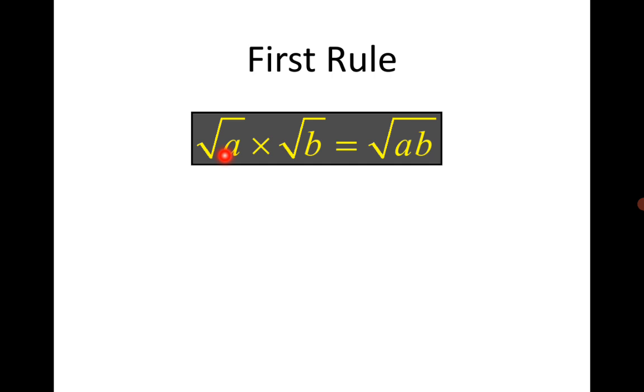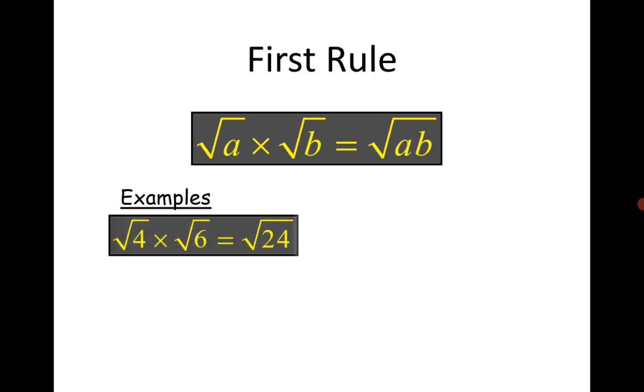In other words, when you multiply the roots of separate terms, that's the same as multiplying the two terms and putting them under a common root sign. For example, root of 6 times root of 4 is the same as root of 24.